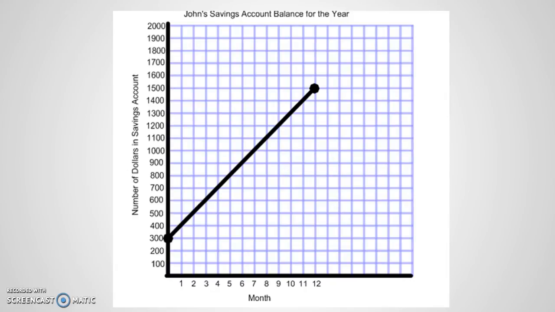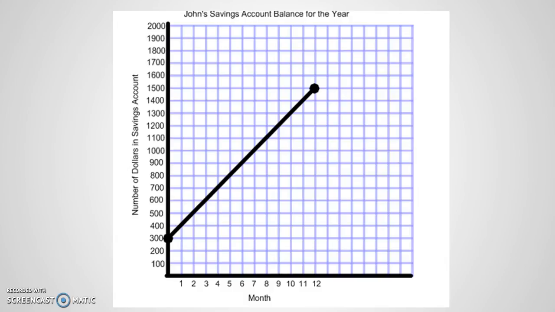This is a graph of John's savings account balance for the year. Here we see the y-intercept for this relationship is 300. So the y equals mx plus b is the equation for this line, with b equals 300.